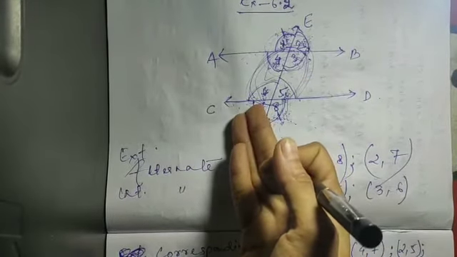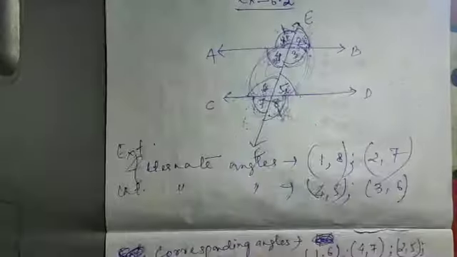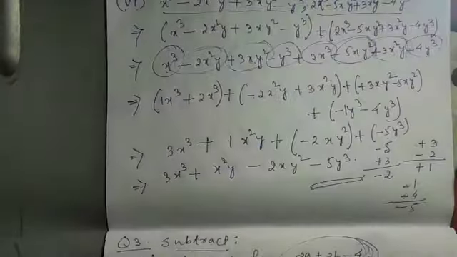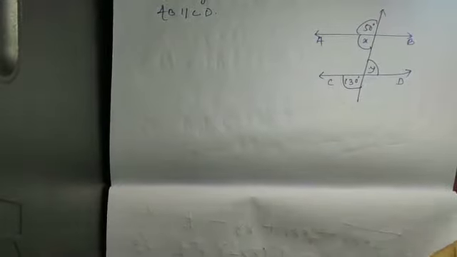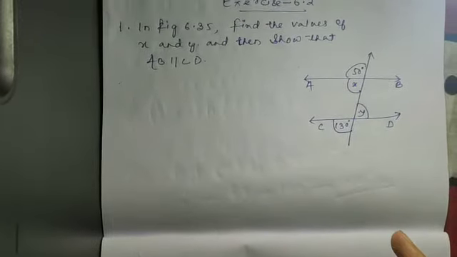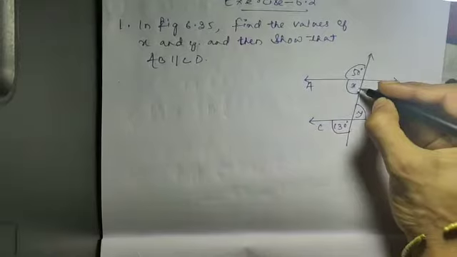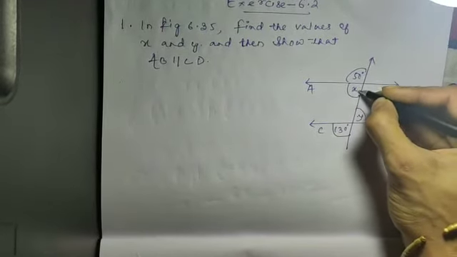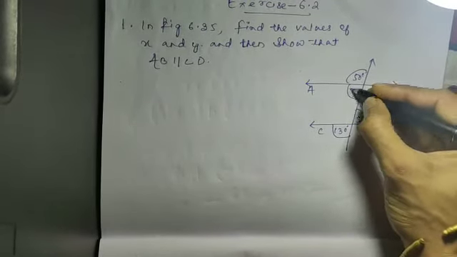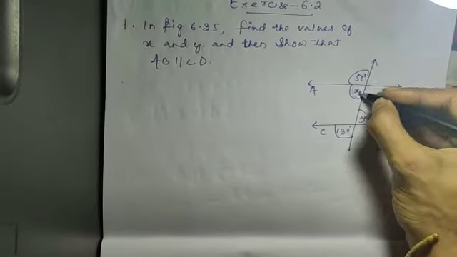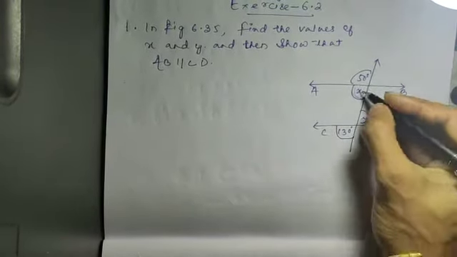Got it? I hope it is clear. If this happens, then this also happens. So here, first of all we have to find the value of x and y. See, this x and 50 are making a linear pair. Yes or no? x and 50 are making a linear pair, a half circle.